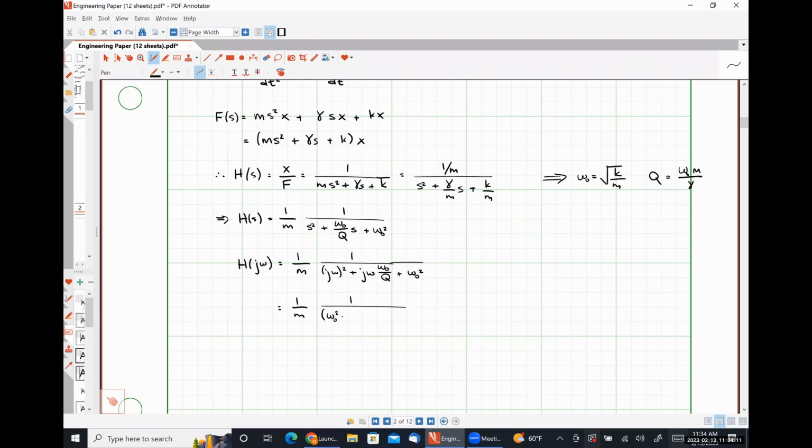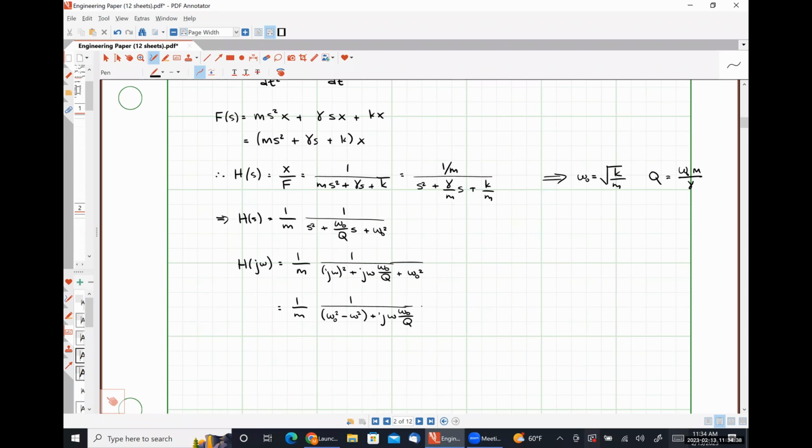which is 1 over m times 1 over omega naught squared minus omega squared plus j omega times omega naught over Q. And what I'm going to do now is break this thing up into its real and imaginary components.